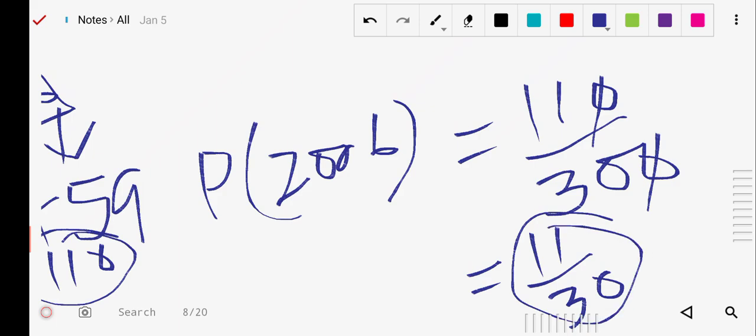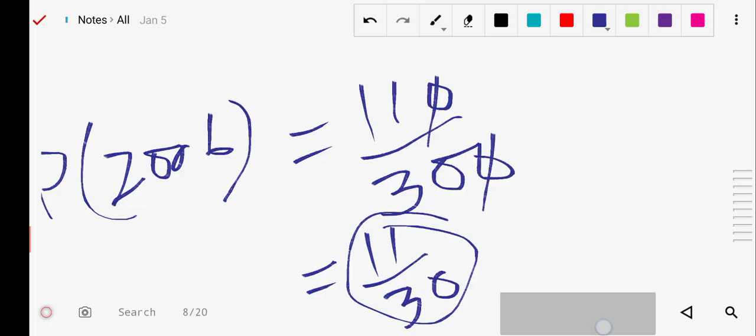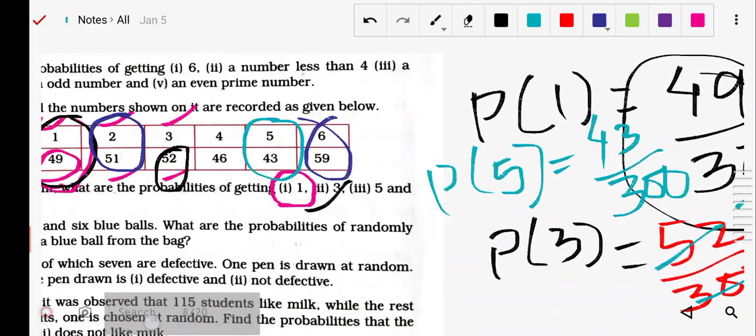This is the probability of getting 2 or 6.